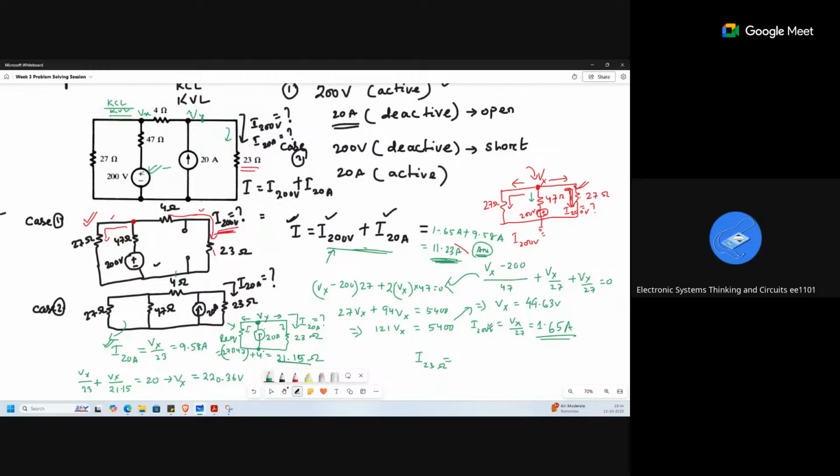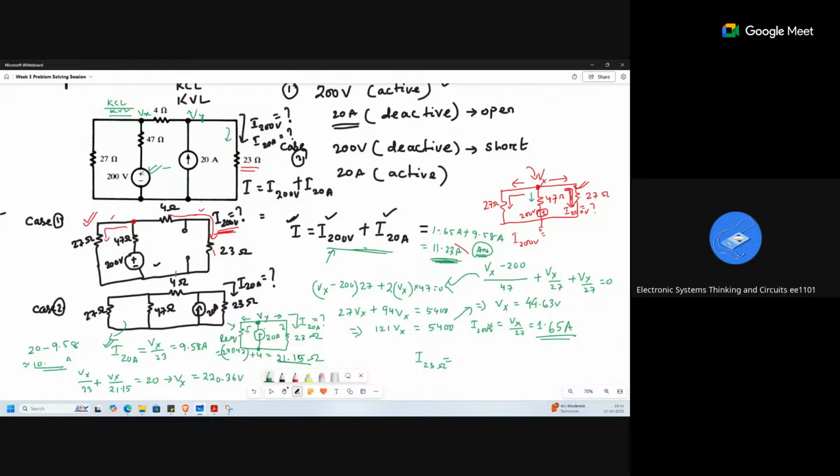The rest is 20 ampere minus 9.58 ampere, which is nearly 10 point something ampere. That current flows through the 21 plus 15 ohm branch.